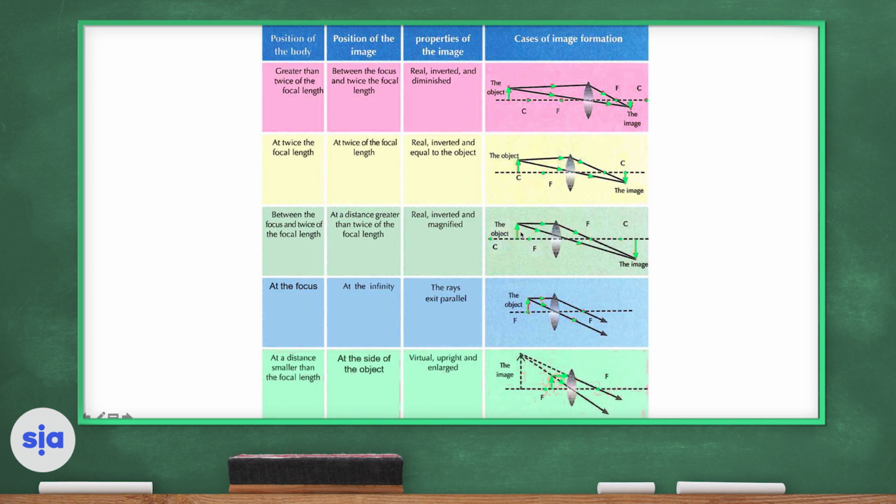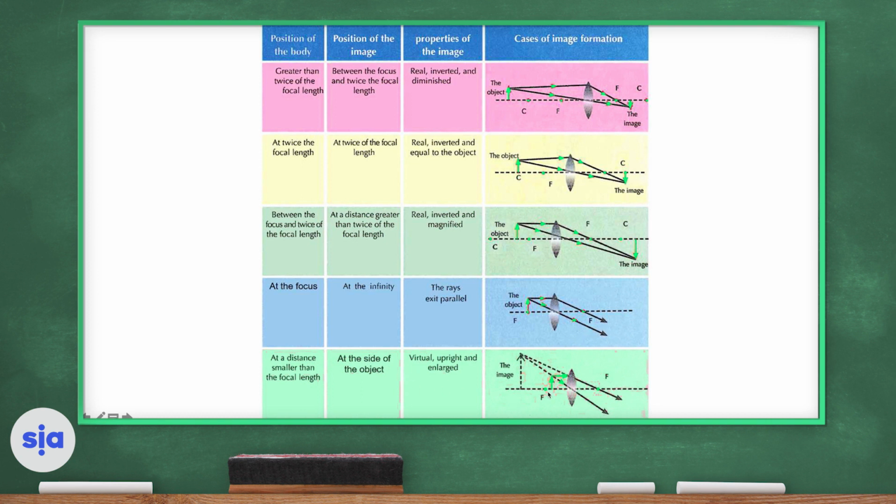In the third case, the object is between the focus and twice the focal length. The image here will be at a distance greater than twice the focal length, and real, inverted, and larger than the object. If the object is at the focus, you will find no image. It's at infinity. The rays will exit parallel to each other.